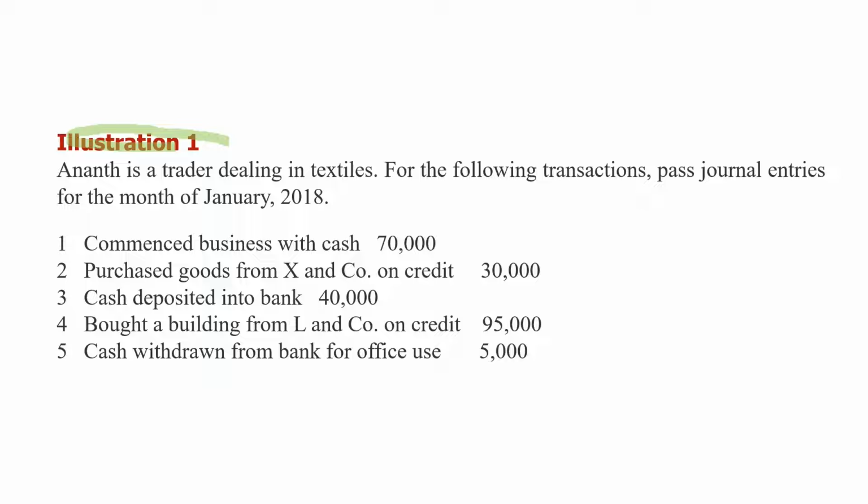These are the transactions: commenced business with cash, purchased goods from X and Co on credit, cash deposited into the bank, bought a building from L and Co on credit, cash withdrawn from the bank for office use. We see the answer and solution for this question in the next slide.